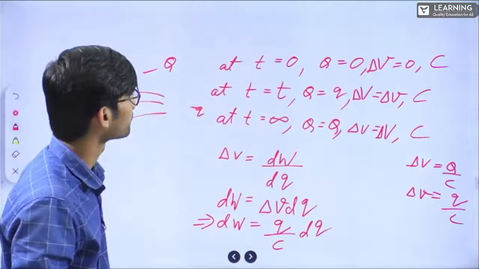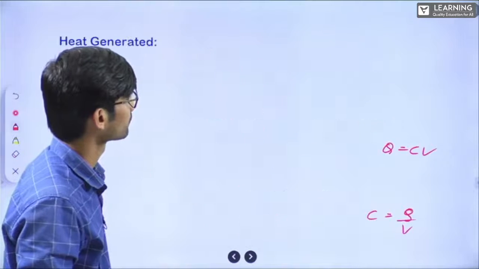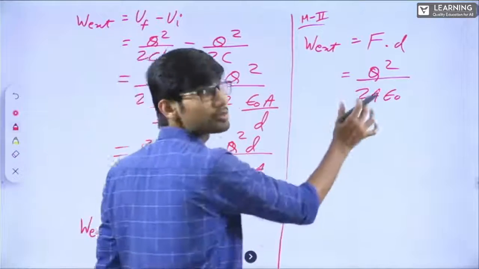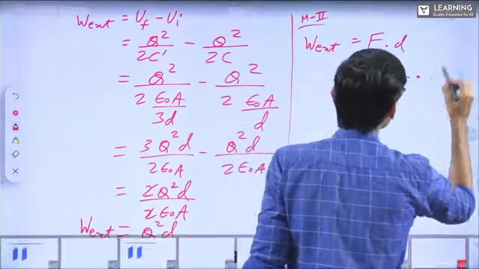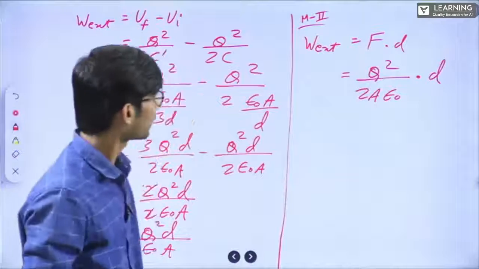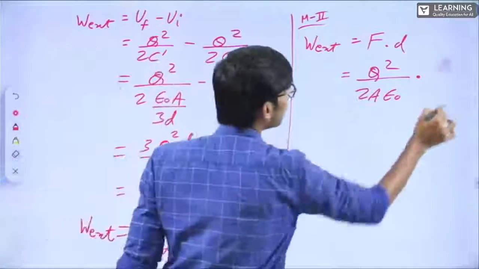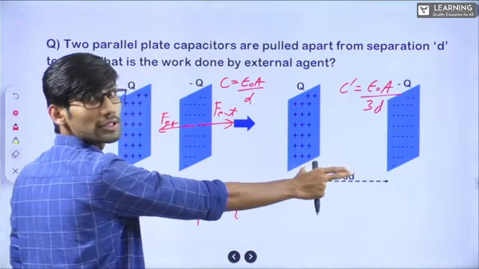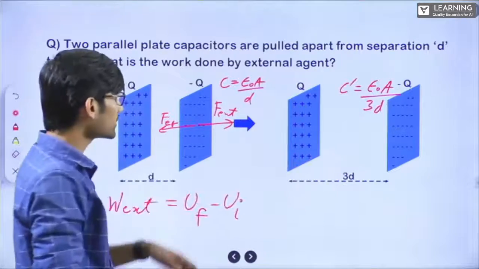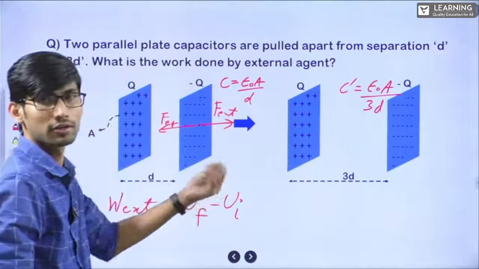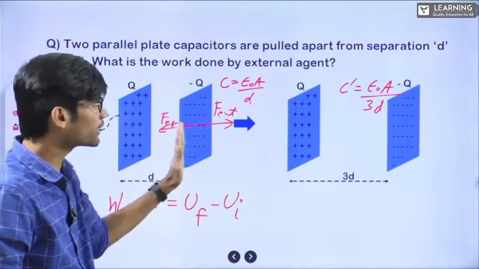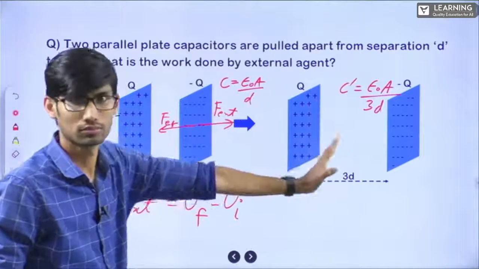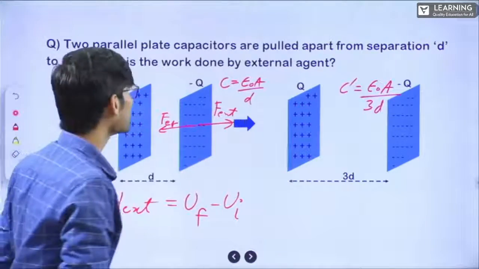The same I have written, into D. How much is D? D is the separation. Earlier it was D, then it became 3D. So how much distance has this force shifted it? 3D minus D. It was already at D. Then this force has shifted this 2D more. Right? So 3D minus D is 2D.